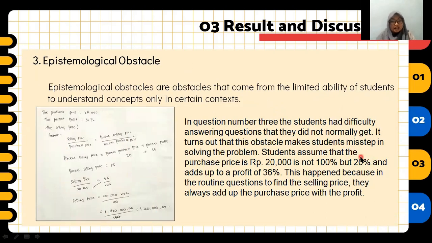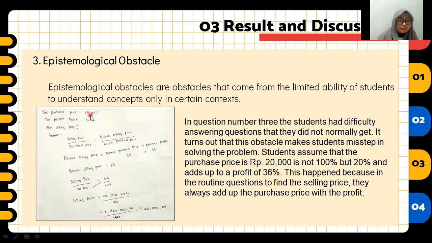Students assume that the purchase price of 20,000 rupiah is not 100%, but 20%, and add it to a profit of 36%. This happened because in the routine questions to find the selling price, they always add up the purchase price with the profit.